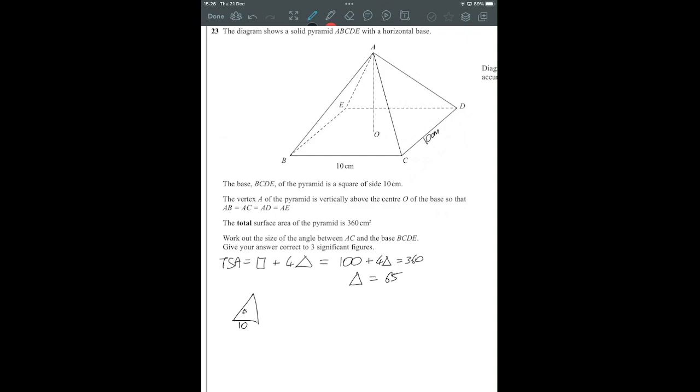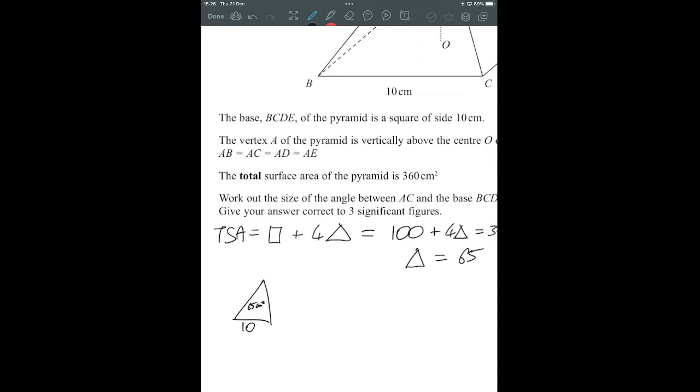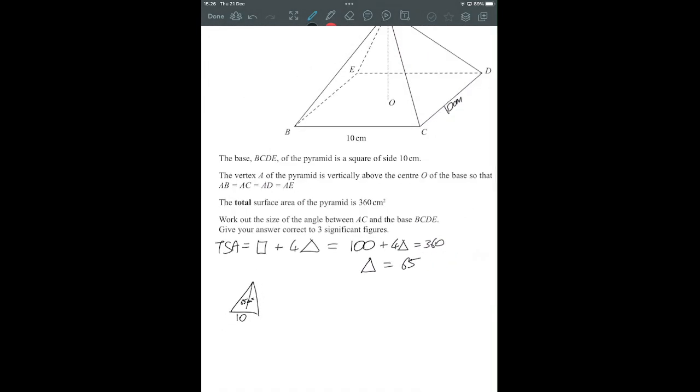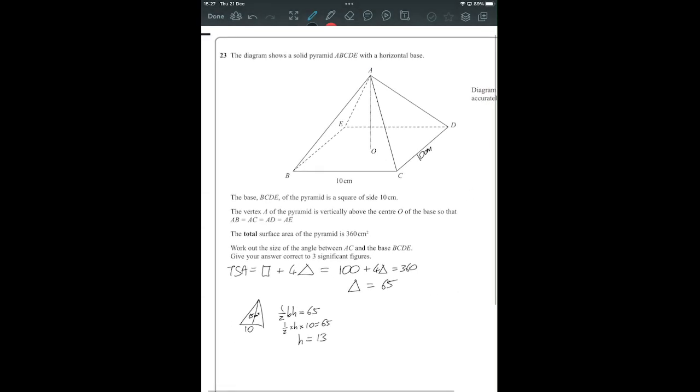The area is 65. Well, that means I can work out the height fairly easily. So half base times height equals 65. So a half times the height times by 10 is 65. So the height of one of these is 13. Okay, so that height there is 13 centimeters.